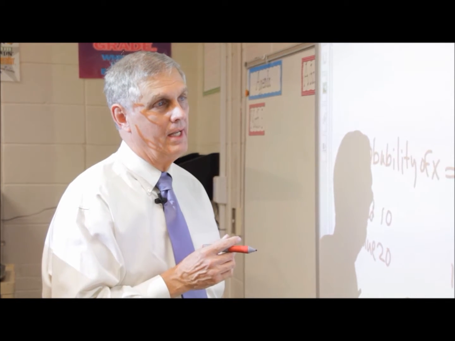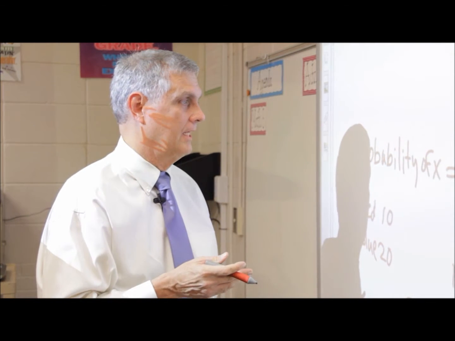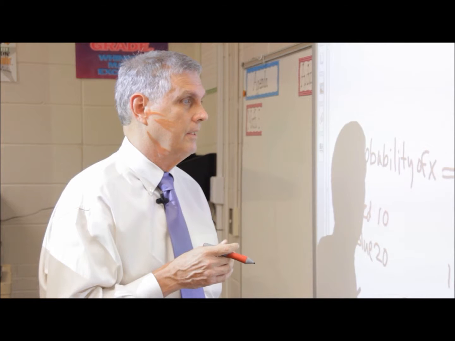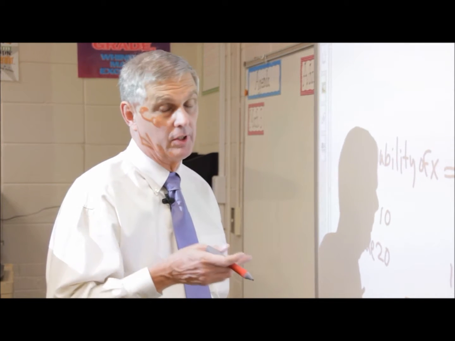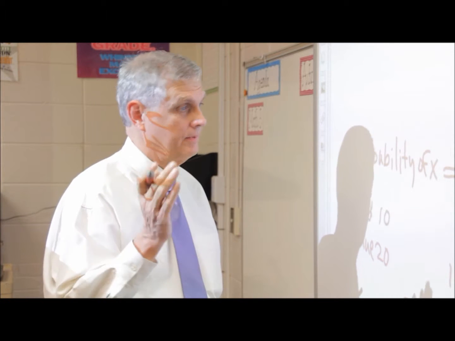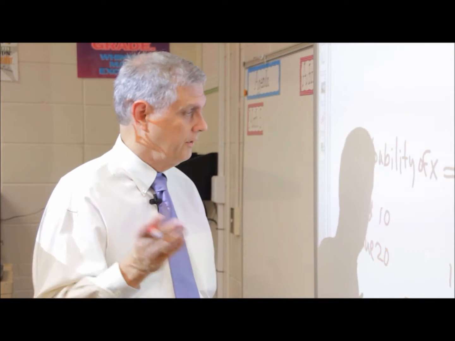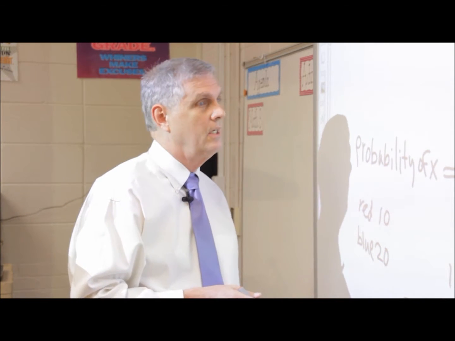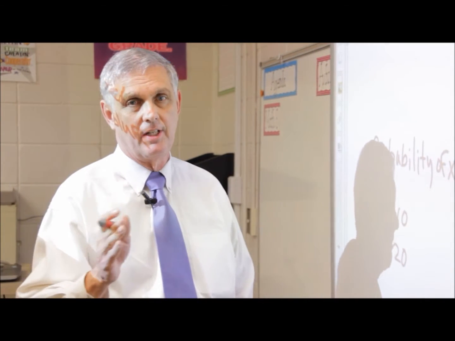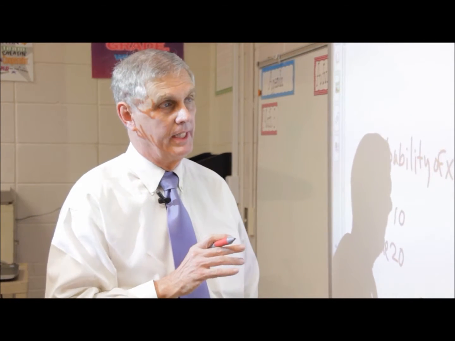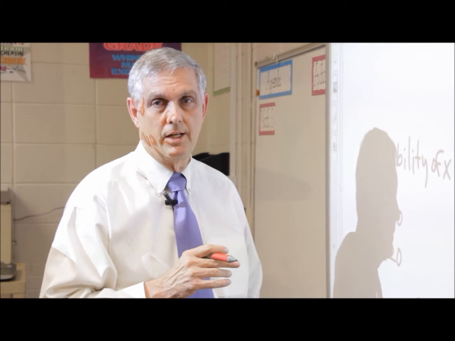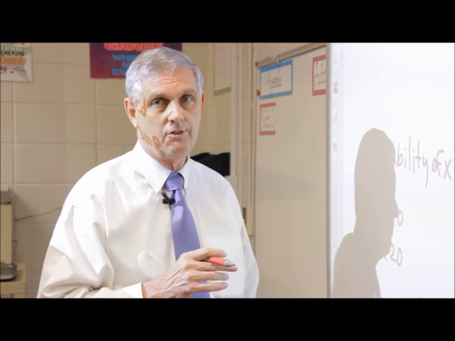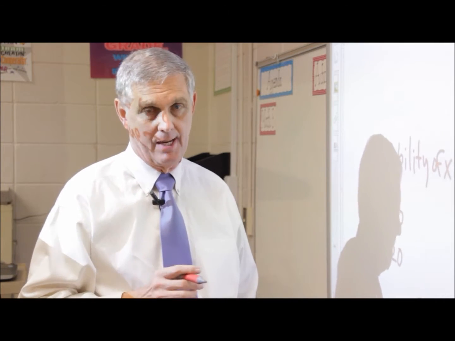If you're going to roll it one time, and you were wondering if it would come up as a 2, there's only 1 two on the die, so it would be 1 out of 6. So that's basically all you need to know about probability in order to do anything that you're going to be dealing with on the SAT. So let's take a look now at some examples.